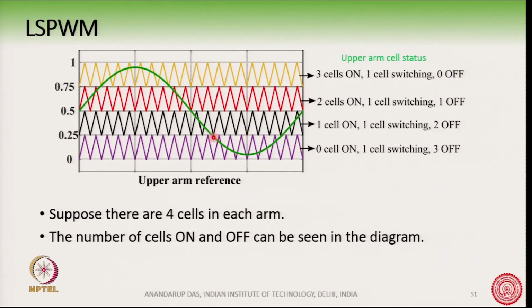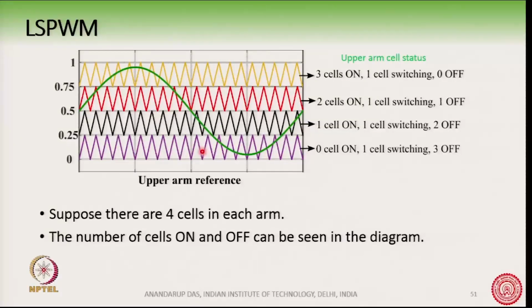So, if we consider this part of the reference waveform, which is getting compared with the lowest carrier, we see that out of these 4 cells, one cell should be doing the switching action, and the rest of the 3 cells should be fully turned off.